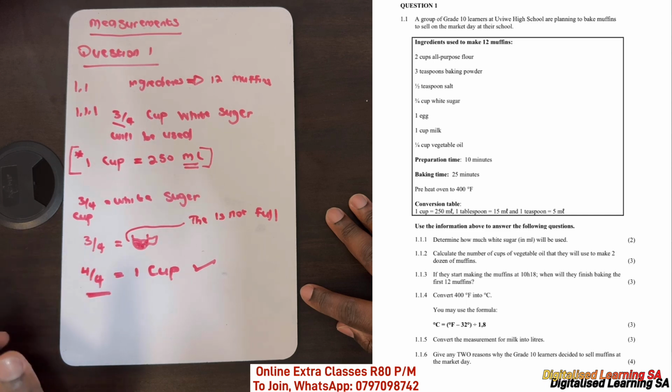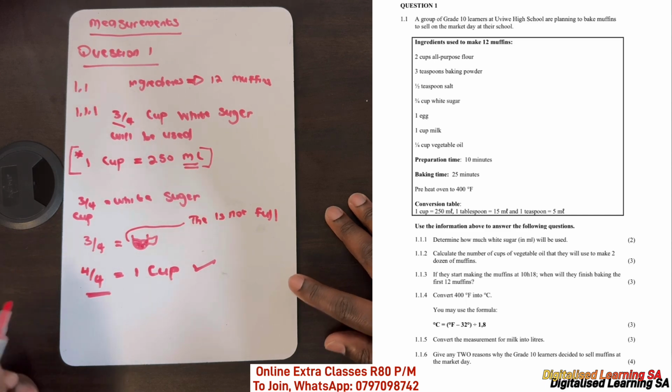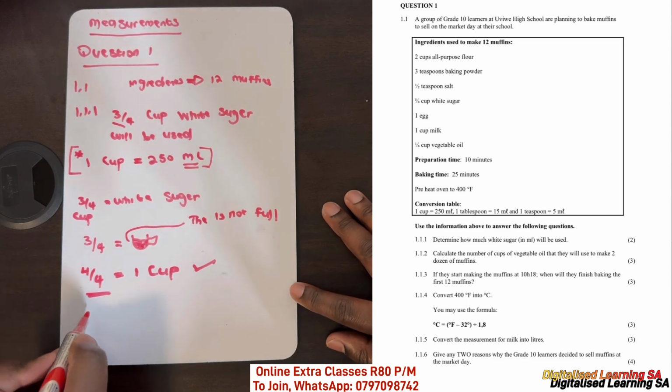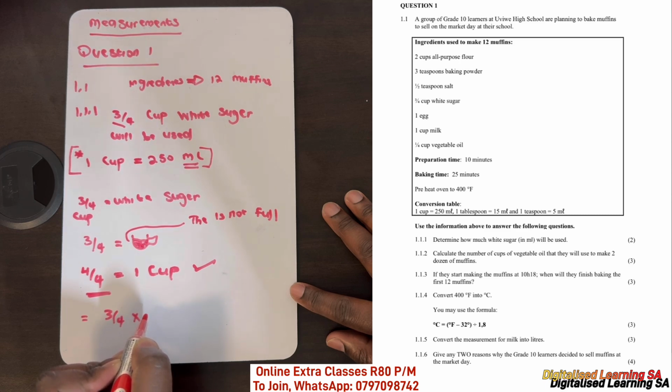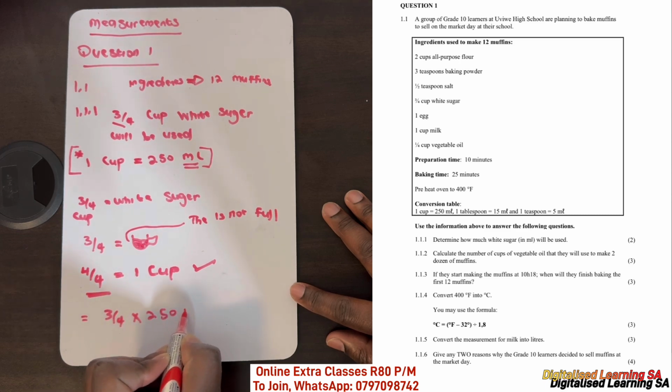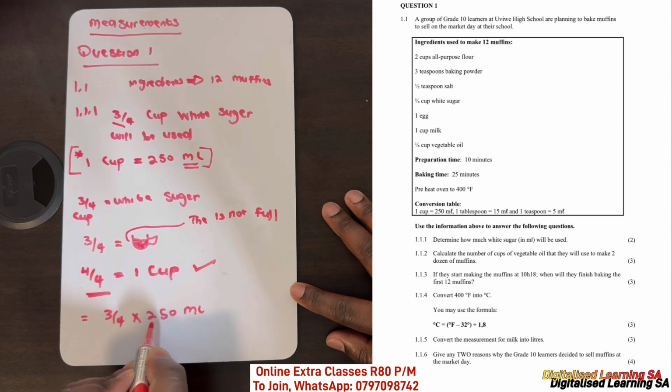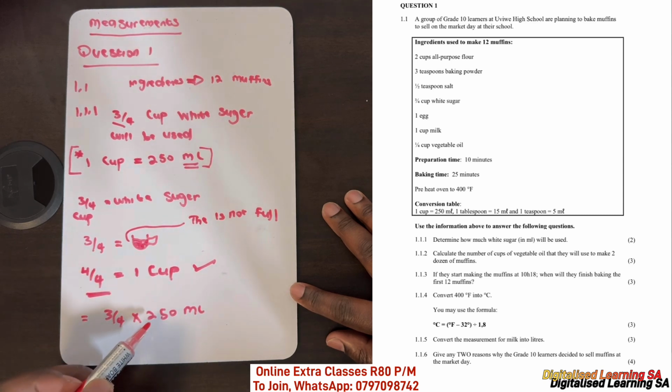To convert this into milliliters, we take what we are given, so it will be 3 over 4 multiplied by 250 milliliters. The 250 is for 1 cup, so it can't be 250 milliliters because the cup is not full.